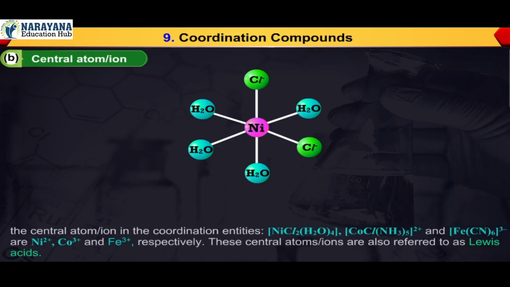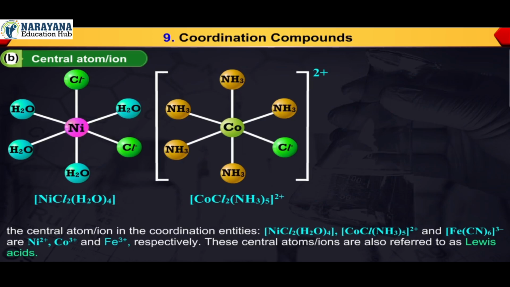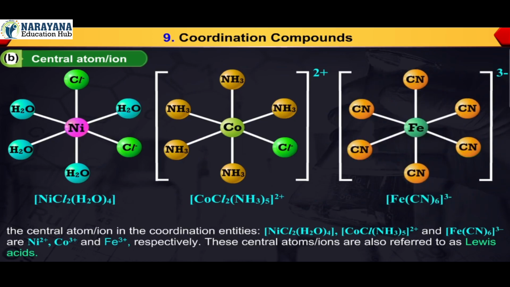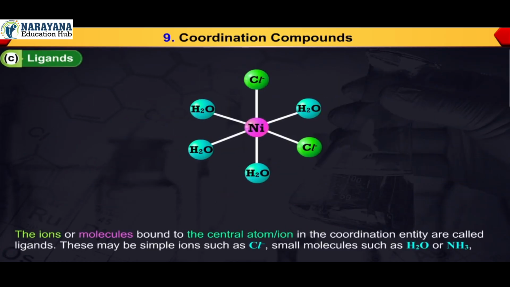For example, the central atom or ion in the coordination entities [NiCl2(H2O)4], [CoCl(NH3)5]2+ and [Fe(CN)6]3- are Ni2+, Co3+, and Fe3+, respectively. These central atoms or ions are also referred to as Lewis acids. C. Ligands. The ions or molecules bound to the central atom or ion in the coordination entity are called ligands.